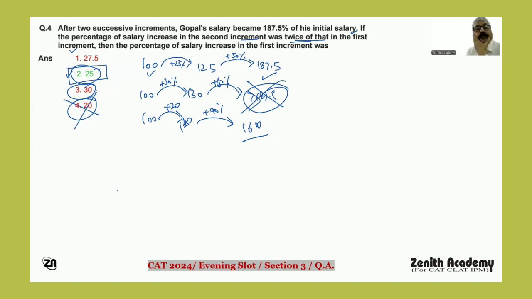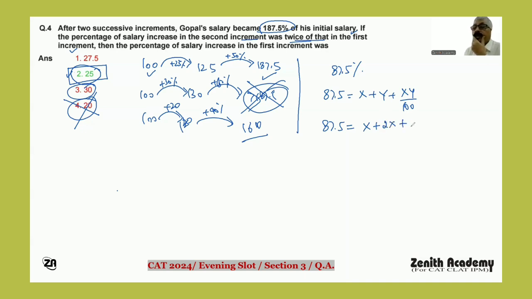Second is, if I take the question this way, it became 187.5%. So means net change is 87.5%. So there is a formula for net change. For two successive discounts, or two successive changes, there is a formula. 87.5 is equal to x plus y plus xy by 100. सबको मालूम होता है. 87.5 is x plus y. y is 2x.